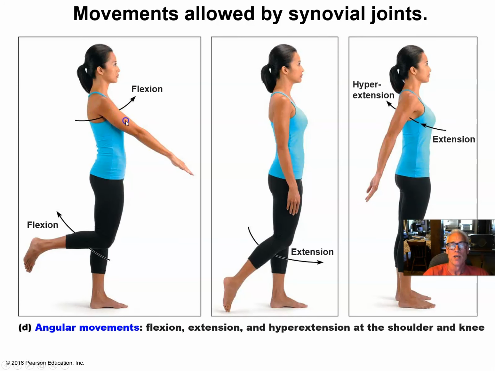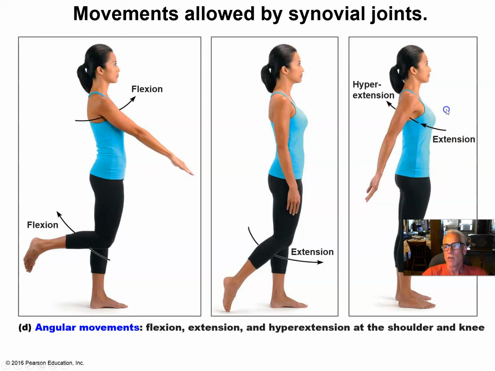Let's look at the appendages. When it comes to the arm, we're going to just accept that moving the arm anteriorly is called flexion. Moving the arm at the shoulder anteriorly is called flexion. We may begin from a hyperextended position, but as long as the arm is moving anteriorly, here at the side, that's going to be called flexion.